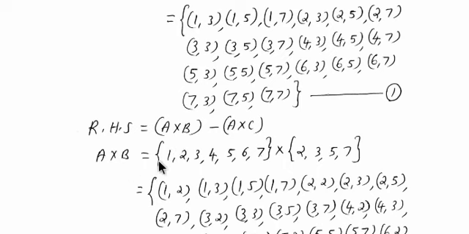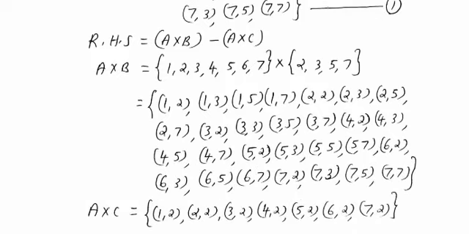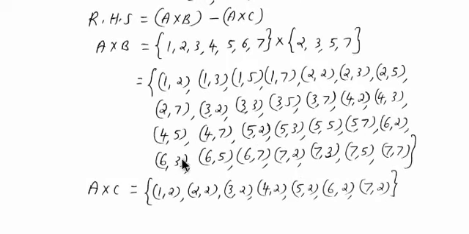Do as in the previous problems in exercise 1.1. We will get this set. Then find out A cross C. A cross C is equal to this set. It is already found out in question number 1. Therefore, we can take it directly.